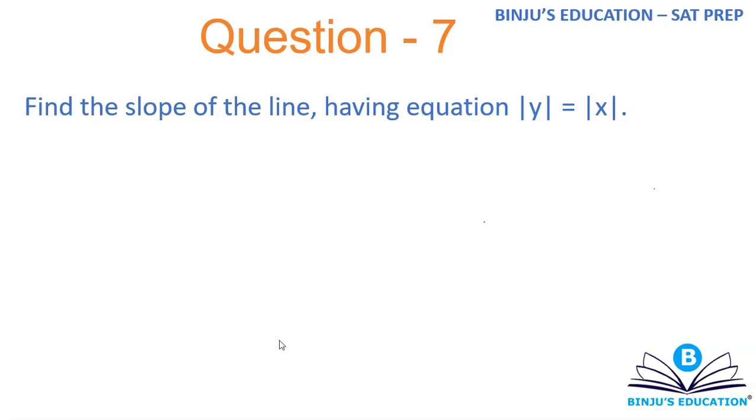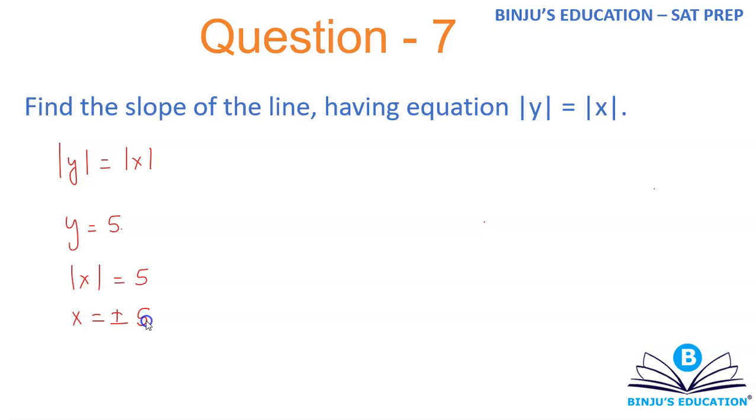Let's suppose you do not know how to open mod, then what you can do? I have mod of y is equal to mod of x, right? So take y to be some value, let's say y is equal to 5. If y is equal to 5, I can say mod of x is equal to 5, which means x is equal to plus minus 5.